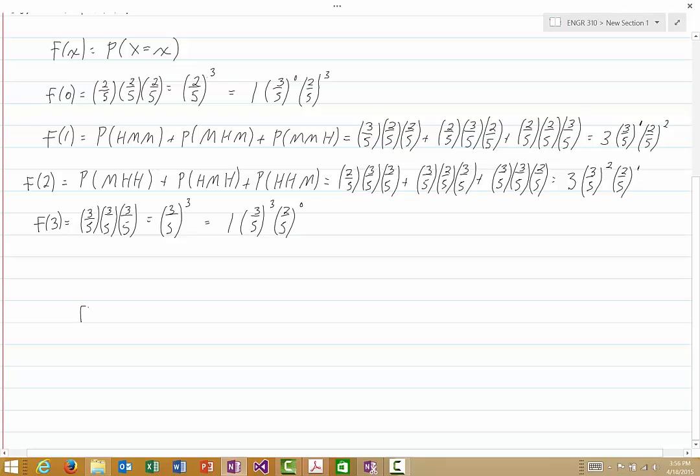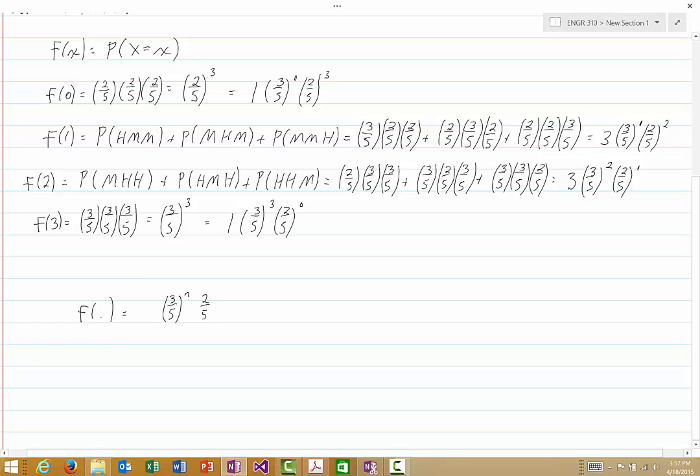We have f of n is going to be something. Again, we're going to have to figure out this coefficient in the front, but the rest of it is going to be 3/5 to the n times 2/5. Actually, I think I want to change that.